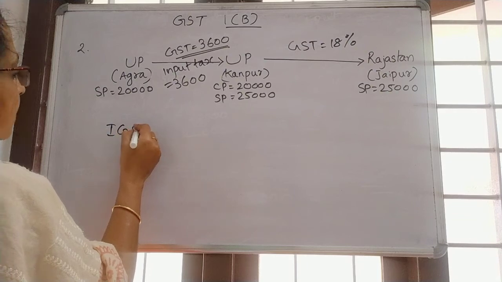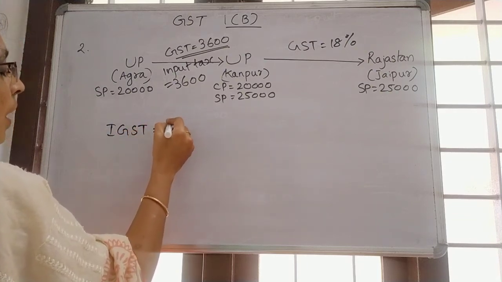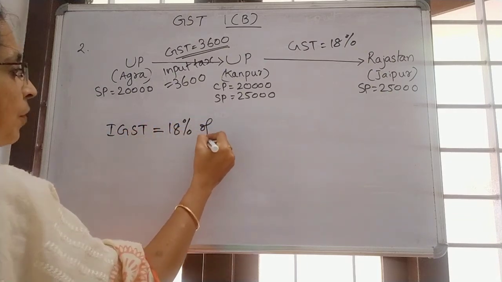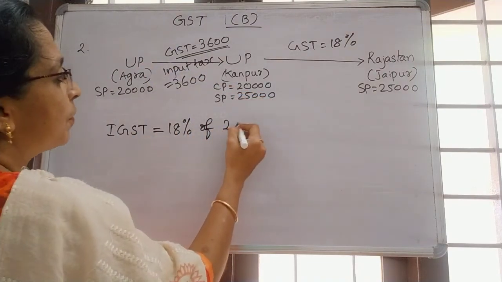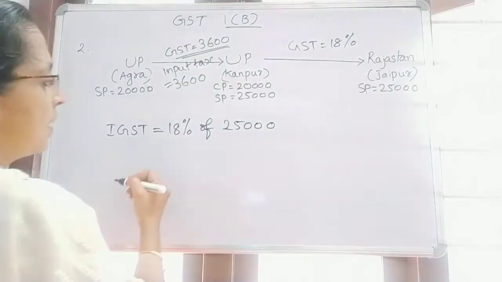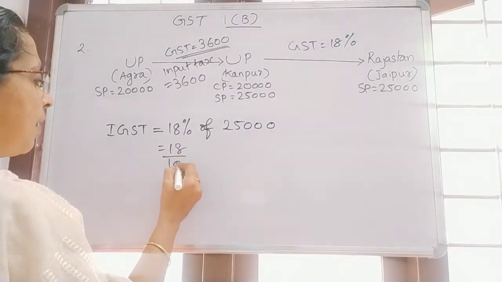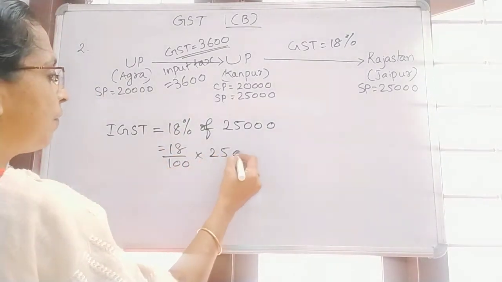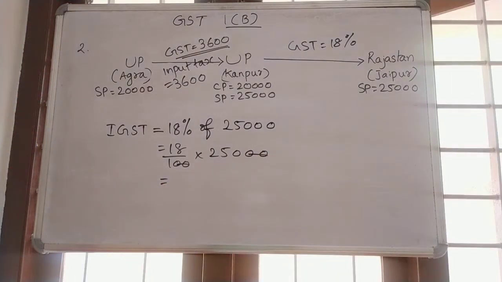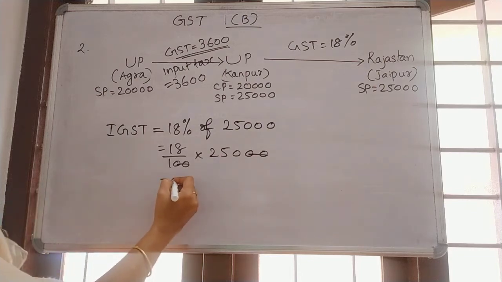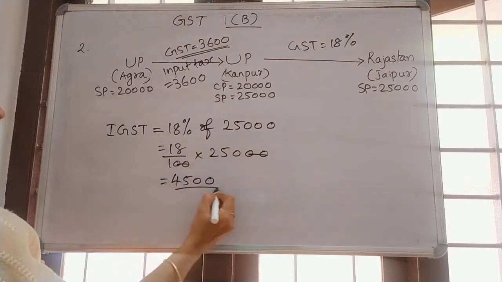IGST is equal to 18% of 25,000, that is 18 by 100 into 25,000. So 18 into 250 is equal to 4,500.